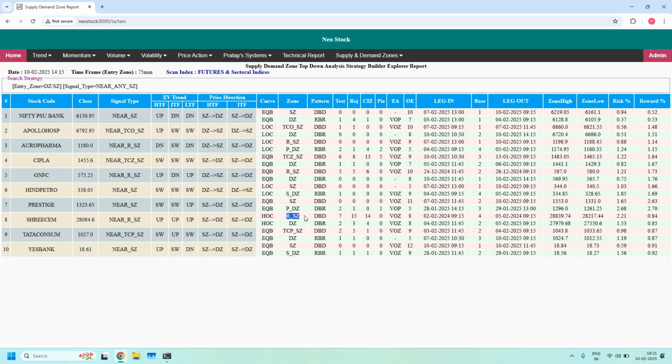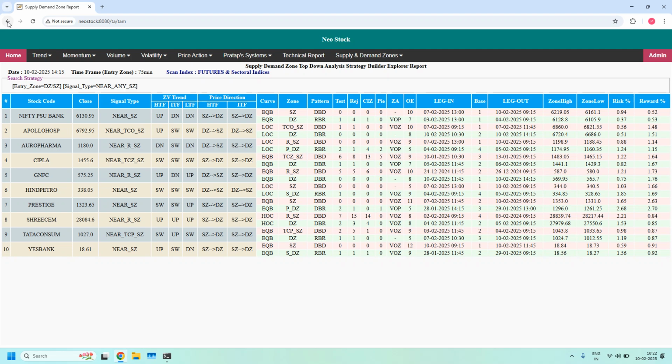Sriram Cement is having a high liquidity supply zone. Tata Consumer is having a high liquidity 75 minute supply zone. So we identified 4 high liquidity 75 minute supply zones from this list. Okay, that means we have identified high liquidity zones from daily and 75 minutes time frame.